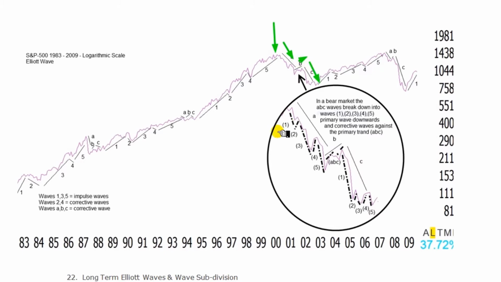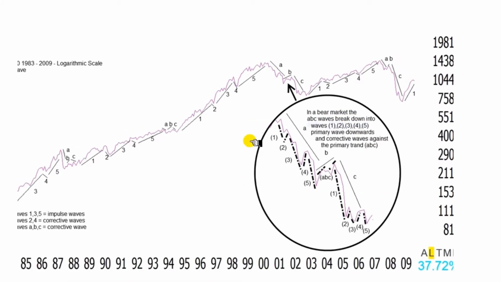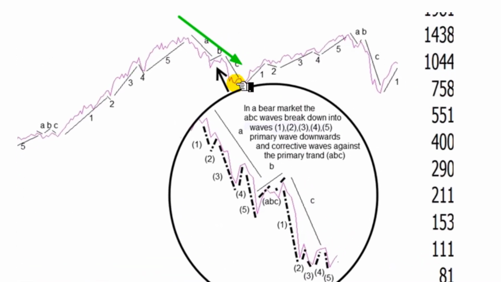And here you can see a zoom on this. As we zoom in on this corrective wave, on the grand scale it may be a corrective wave, but as we look in there we can see the primary impulses down.